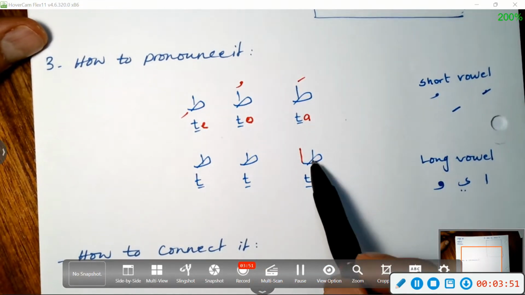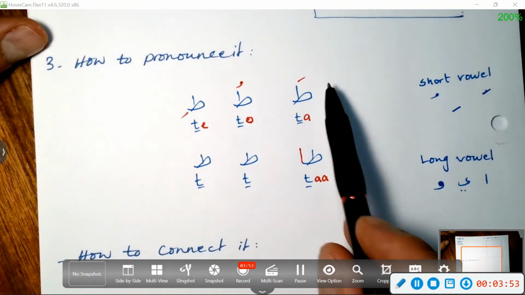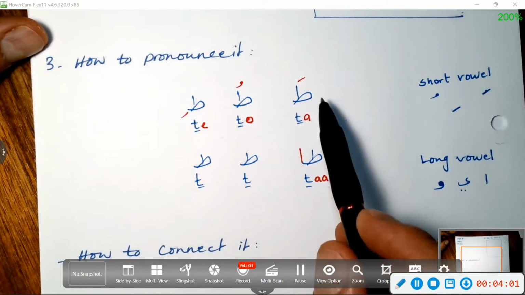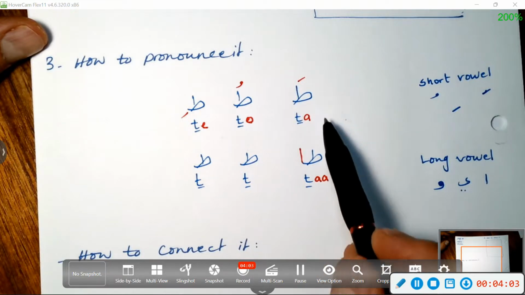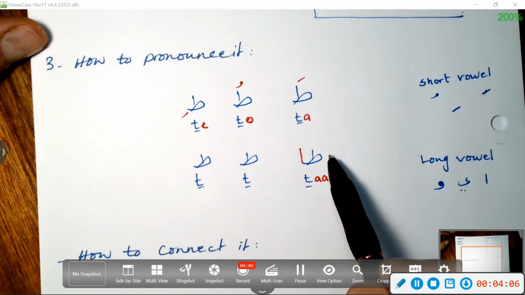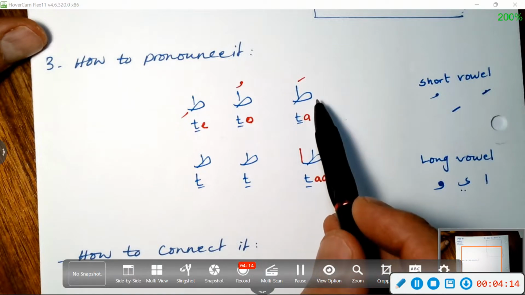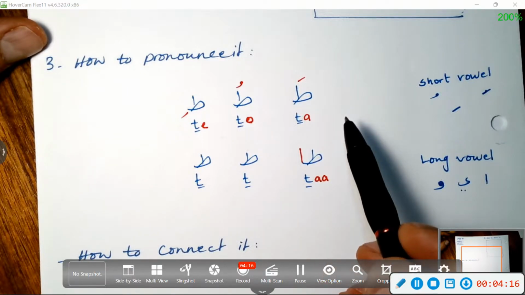So, you see the difference between short vowel and long vowel is the amount of time or the distance where the mad or the sound lasts. So here, Ta, you can hear it's longer. Here, Ta, you just cut it short.